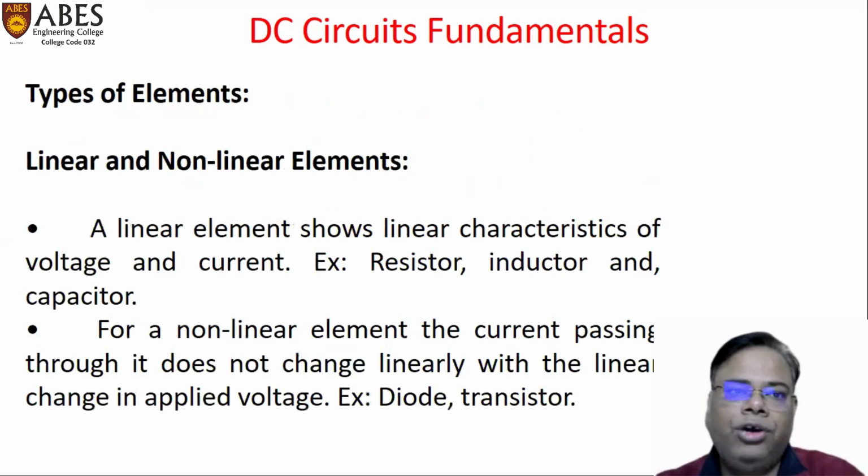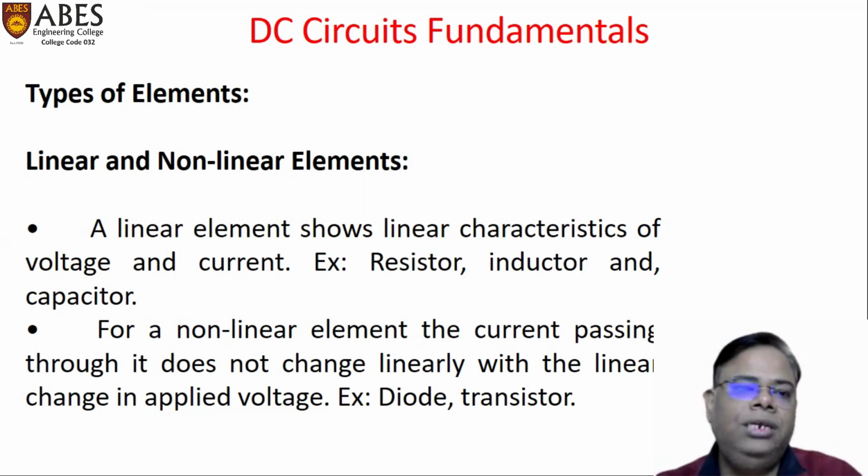Now, if we talk about the categorization of elements, such elements can be categorized into various categories, but in this lecture we will cover only three categorizations. First one is linear and non-linear elements. Linear elements are those elements which have linear VI characteristics.